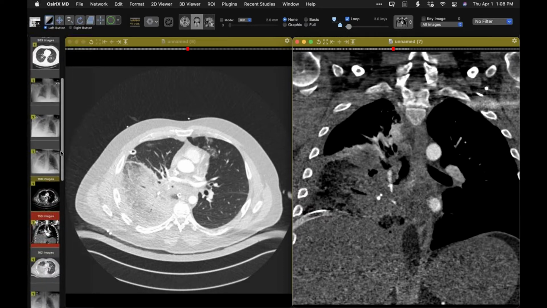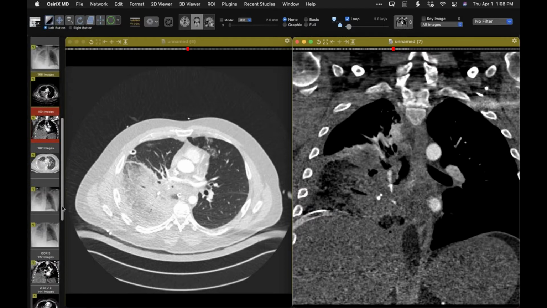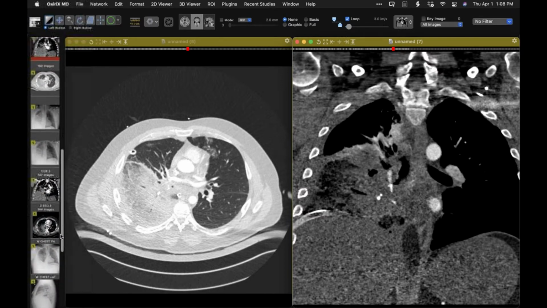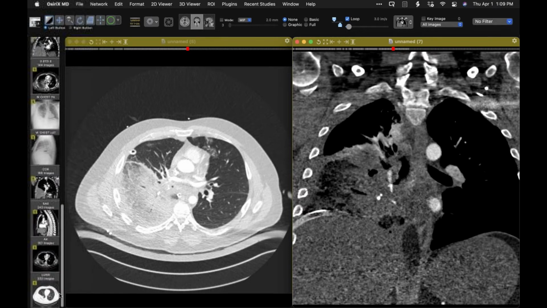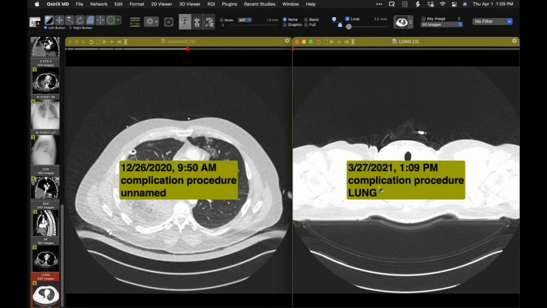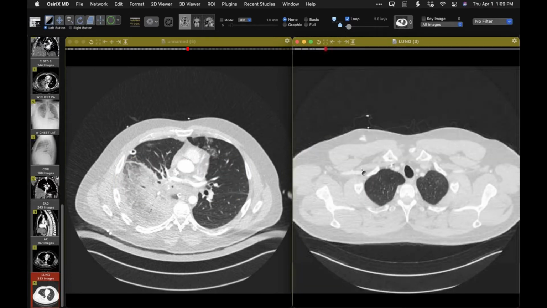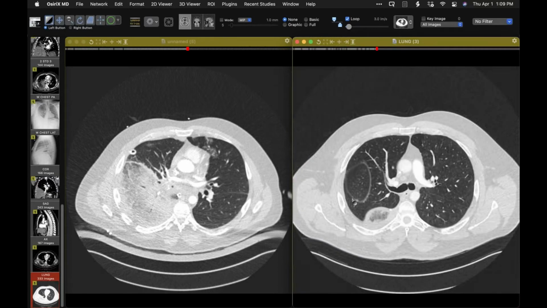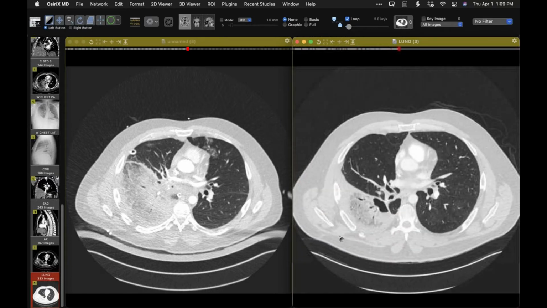So actually he wasn't very sick, and in fact he went home with the abnormality and was followed up at the clinic over a period of time. And let me show you the last CT we have, which was just the other day. So now we have March compared to December. And here we can see that indeed he's got findings of pulmonary infarction.